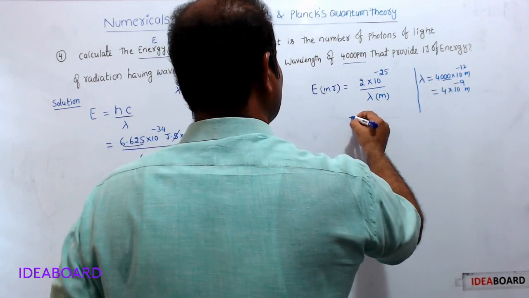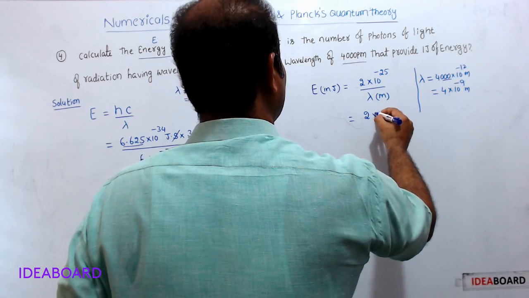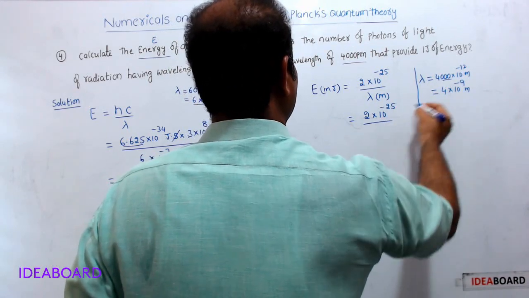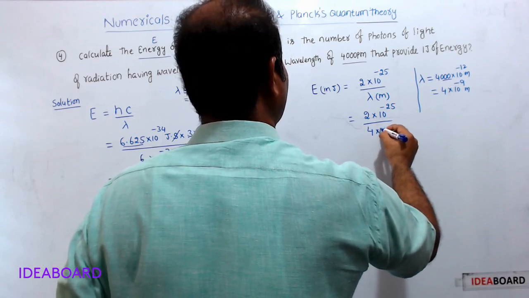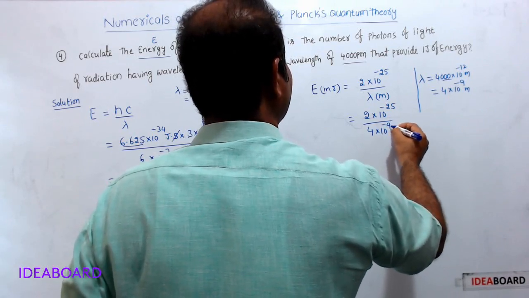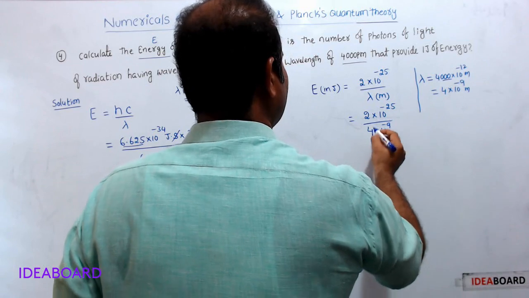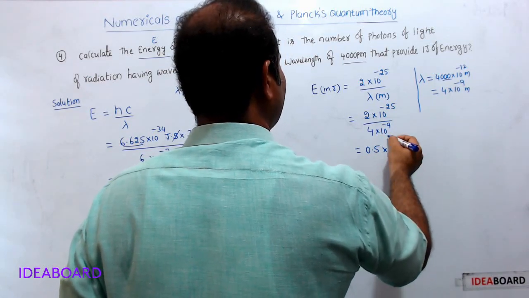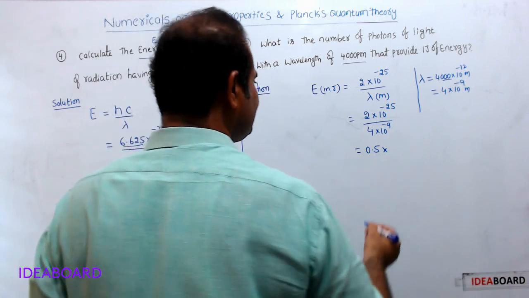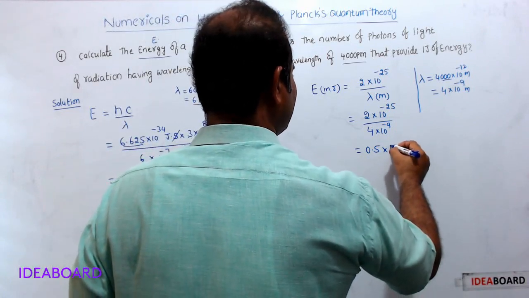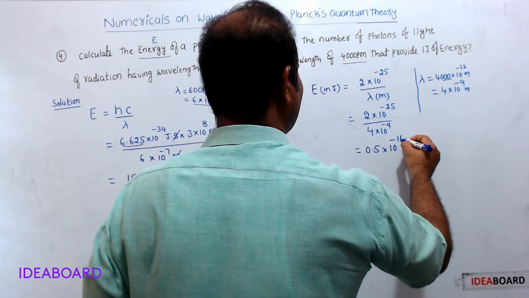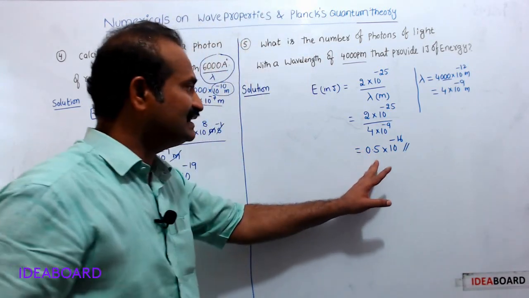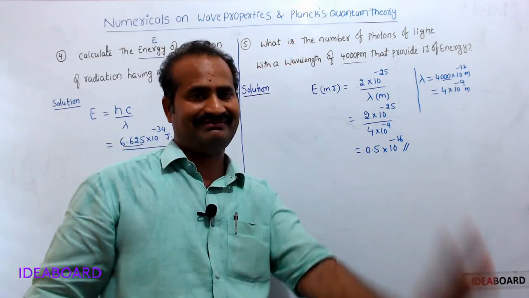Now substitute: 2 into 10 power minus 25 divided by 4 into 10 power minus 9. Then 2 by 4 means 0.5, into 10 power minus 16. This is the energy in joules, the energy of one photon.